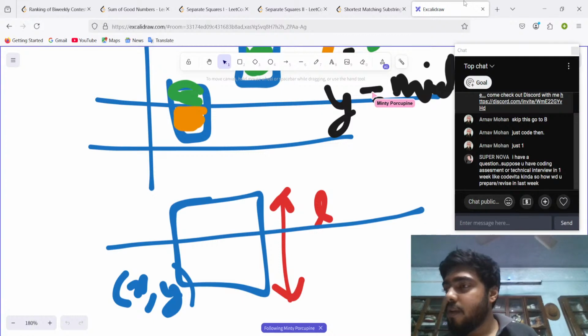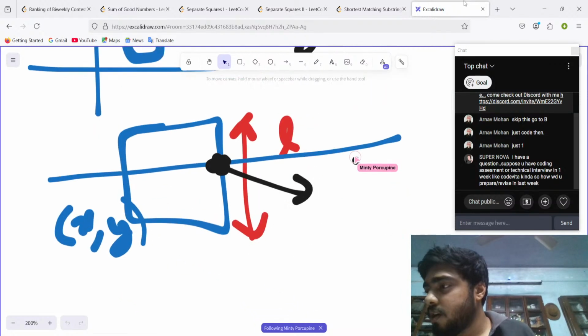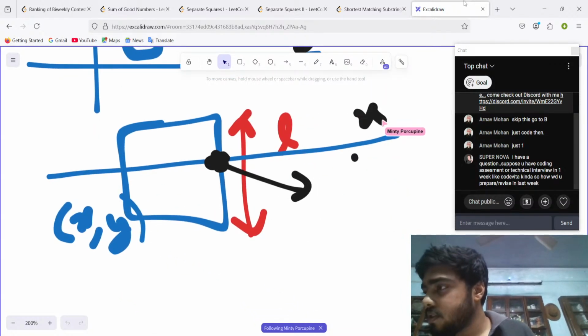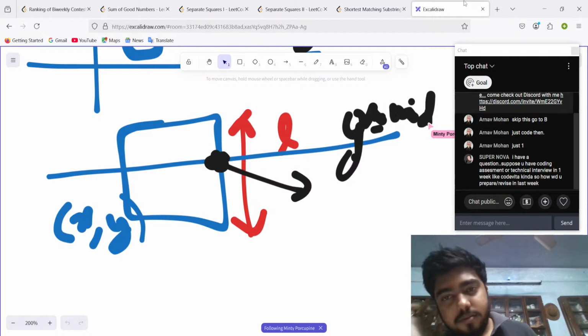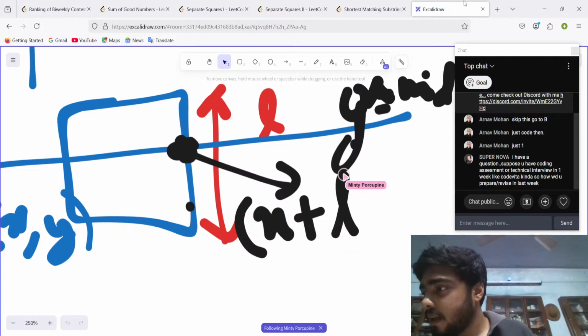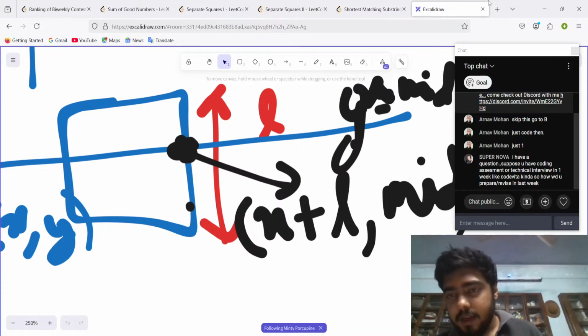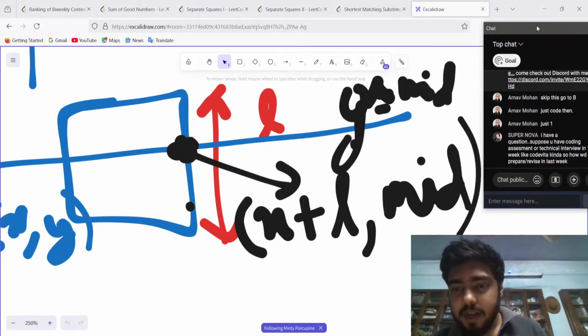So we have to find the coordinate at this position. Let's say this is y is equal to mid. What is the coordinate of this going to be? It is going to be x plus L comma mid, right? I think that it is not visible for you, but yeah, it is mid.